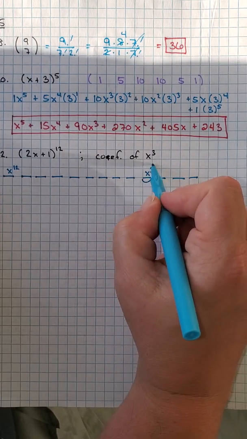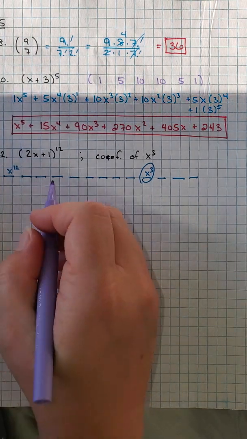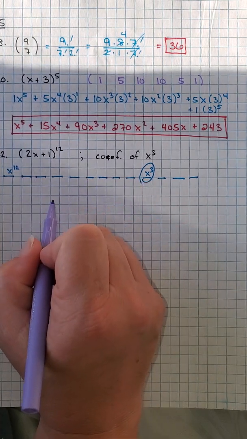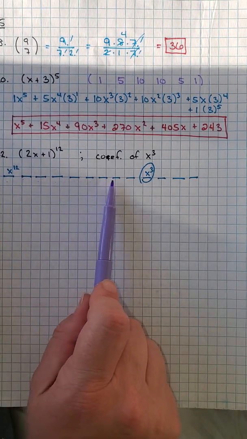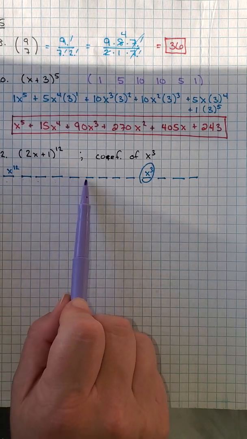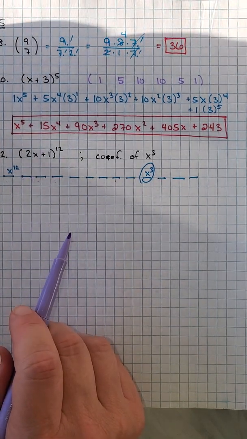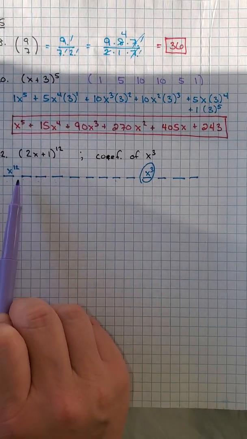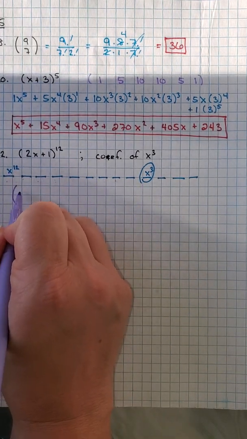Okay, this is the term we're looking for. Oh, I need to start counting with 0. That's what it was. 0, 1, 2, 3, 4, 5, 6, 7, 8, 9. There we go. 12 things, 9 at a time.